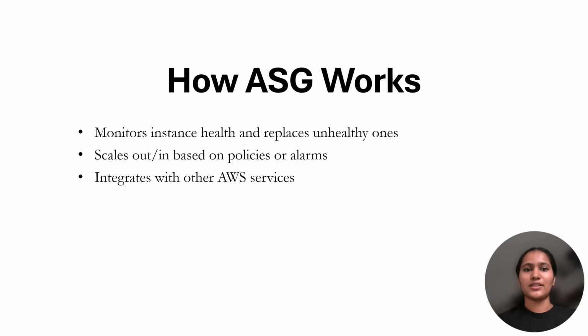Scaling actions, either scaling out or scaling in, can be triggered based on policies, schedules, or CloudWatch alarms. It also integrates closely with services like Elastic Load Balancer and CloudWatch, which we will discuss further in this video.